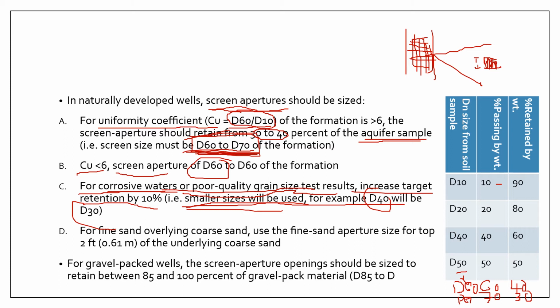Now, when you are dealing with a heterogeneous formation where we have more or less fine sand or silts that are overlying a sandy material, all right, so this is silt and this is sand.